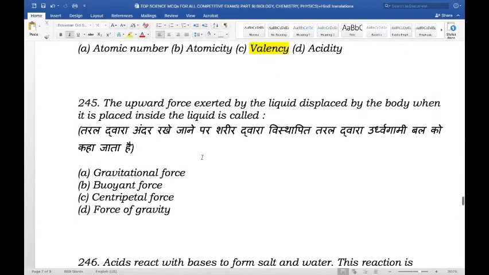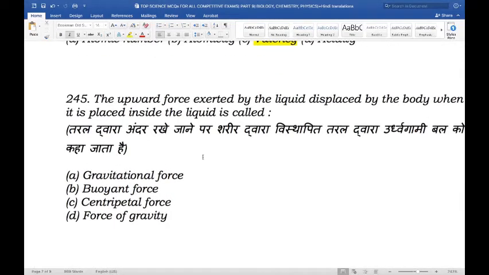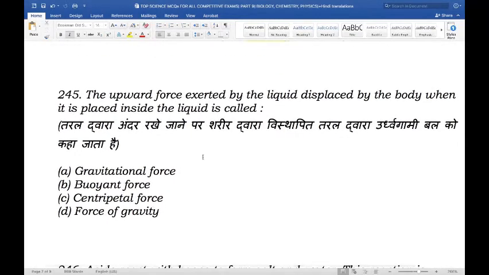Next question. The upward force exerted by the liquid displaced by the body when it is placed inside the liquid is called: is it A. gravitational force, B. buoyant force, C. centripetal force, or D. force of gravity?